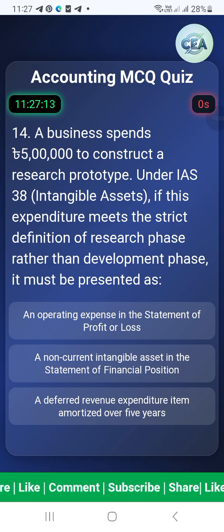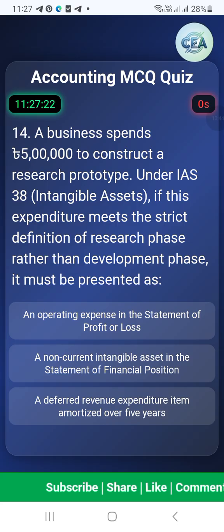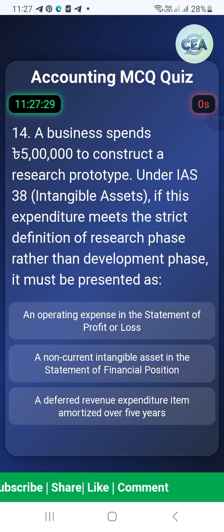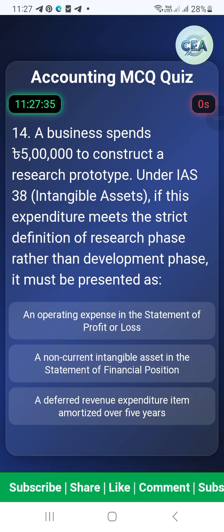14. A business spends 500,000 takas to construct a research prototype. Under IAS 38 Intangible Assets, if this expenditure meets the strict definition of research phase rather than development phase, it must be presented as Option 1. An operating expense in the statement of profit or loss.